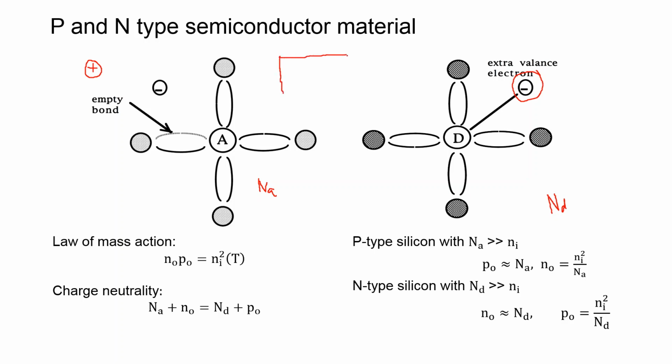Let us say we have a semiconductor material and we doped it with acceptor atoms with density Na. Initially there were only thermally ionized electrons and holes: holes were Ni and electrons were Ni.